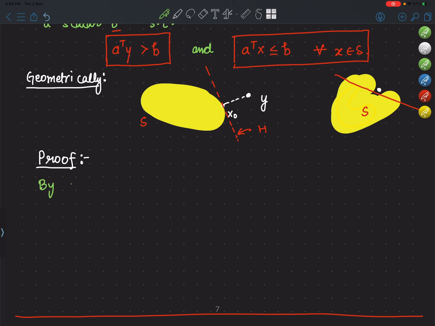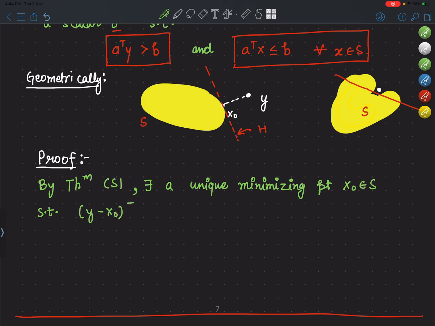So by theorem CS1, there exists a unique minimizing point x naught belonging to S, such that (y minus x naught) transpose (x minus x naught) is less than or equal to 0 for all x belonging to S. Correct?